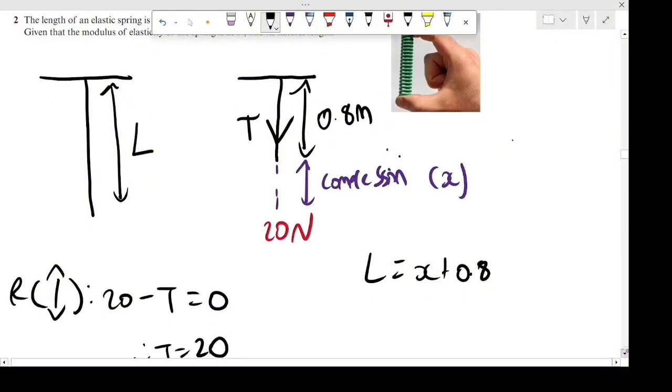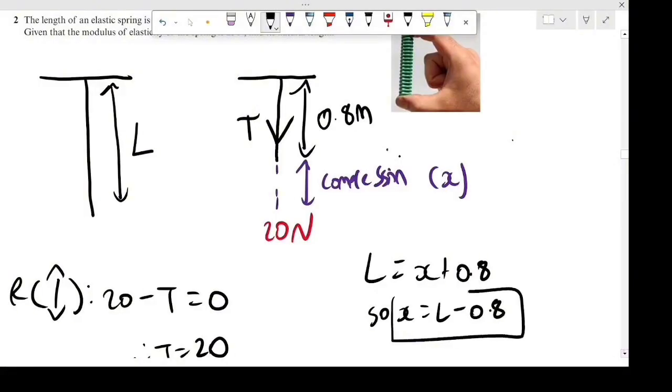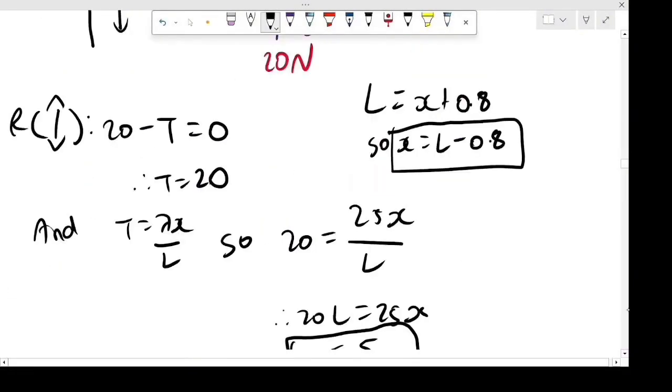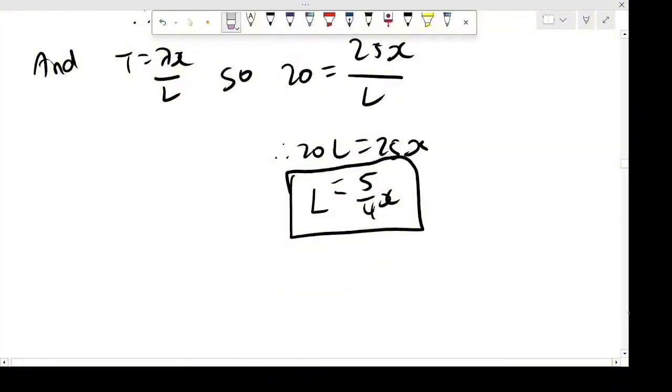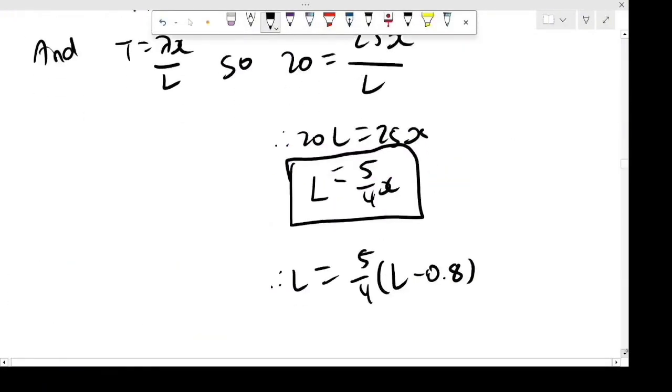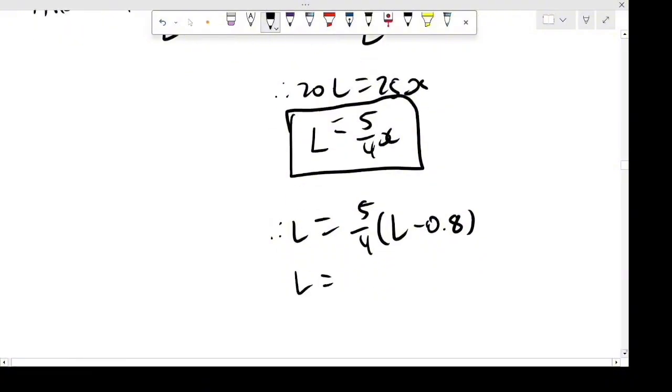Well, then we can rearrange to say that x is L minus 0.8. Now I can sub that into here. So that means L is 5 over 4 lots of L minus 0.8. So now we can solve for L. If I expand it, that's going to be 5 over 4 L minus 1.